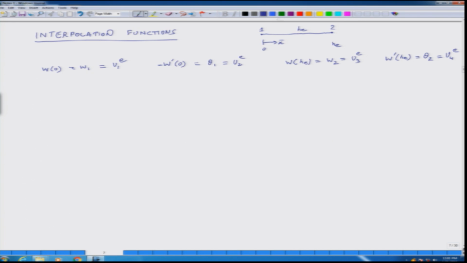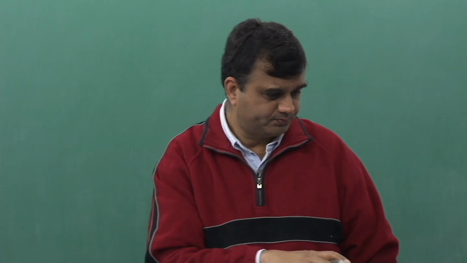So, at node 1 I have U1E and U2E, and at node 2 I have U3E and U4E. U1 and U3 are translational degrees of freedom, U2 and U4 are rotational degrees of freedom.